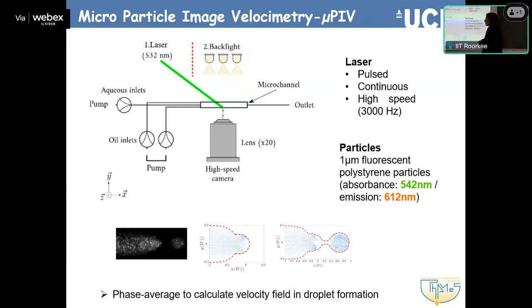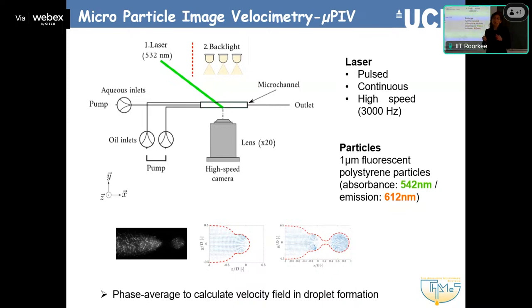What we found out is that when we have phenomena with breakage or generation of interfaces, like the breakage of the meniscus here for the drops in the channel, or when you have coalescence, the points where the breakage or the coalescence happens are very, very fast. So in that case, we actually used a high-speed laser instead of a high-speed camera to capture this very fast phenomenon.